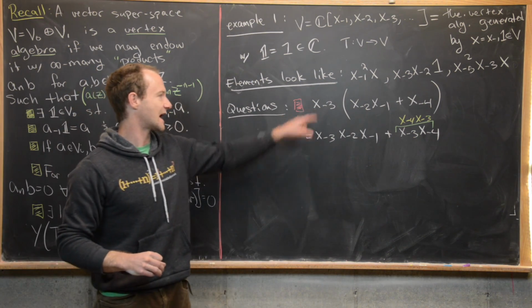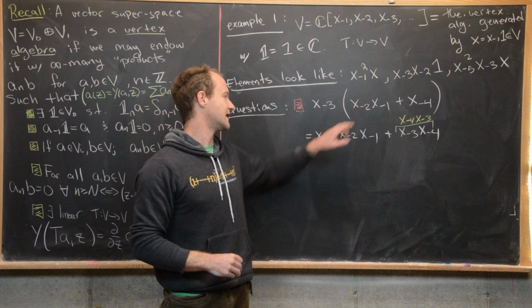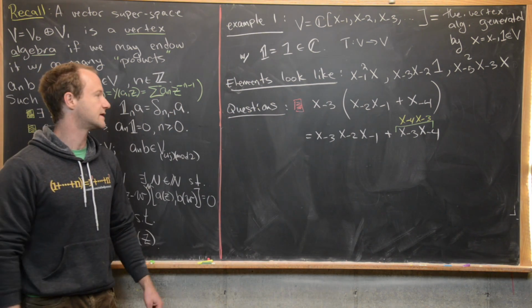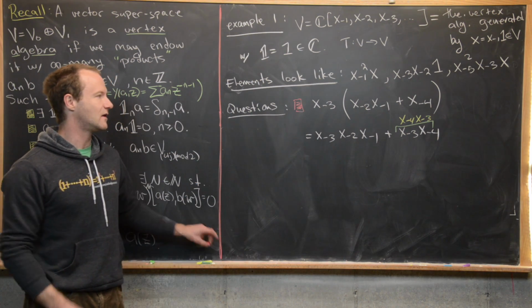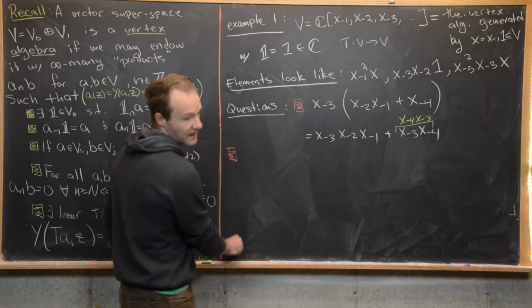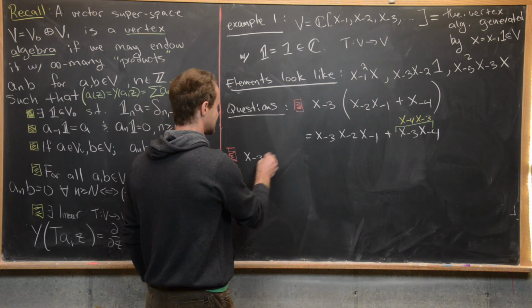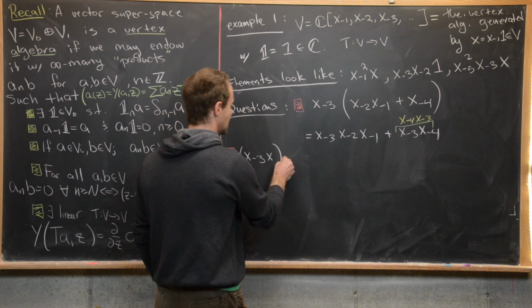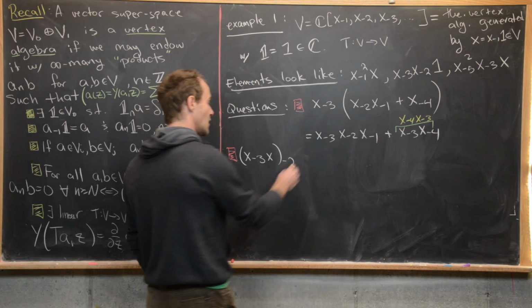So if we take x and take the negative third operation between x and this, this is exactly what we get. Okay, good. Now, what about something a little bit more general? What about something like this? So what if we wanted to do x sub minus 3 x, and then the negative second multiplication of that with x?